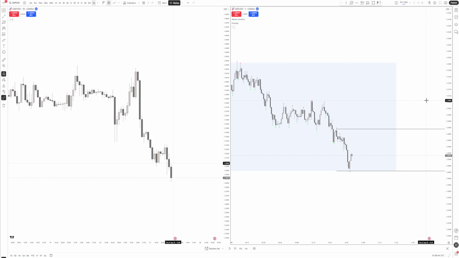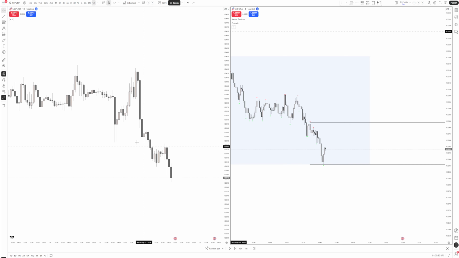So what are we looking for now? We are very simply looking for a low to be violated. And at this moment in time, we need to wait for the new hourly candle to form, which is going to be at 11 o'clock. Okay. Which hasn't happened. There you go. Okay.